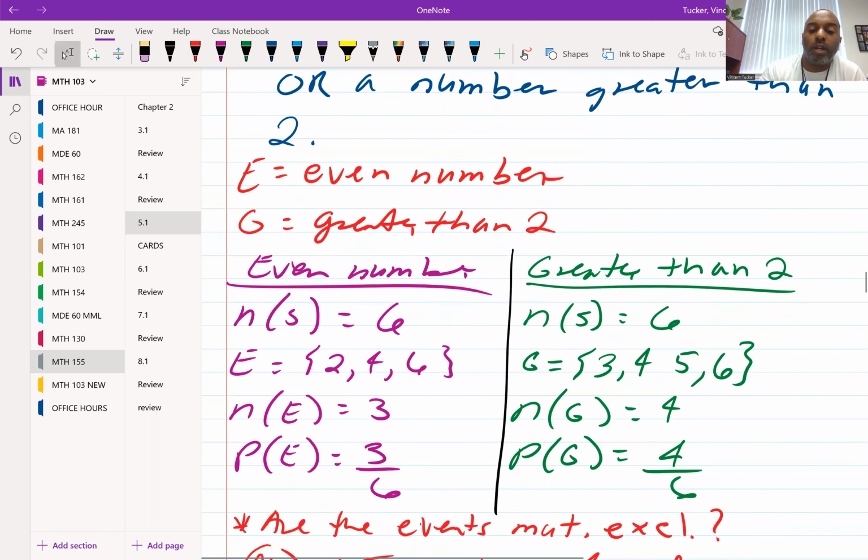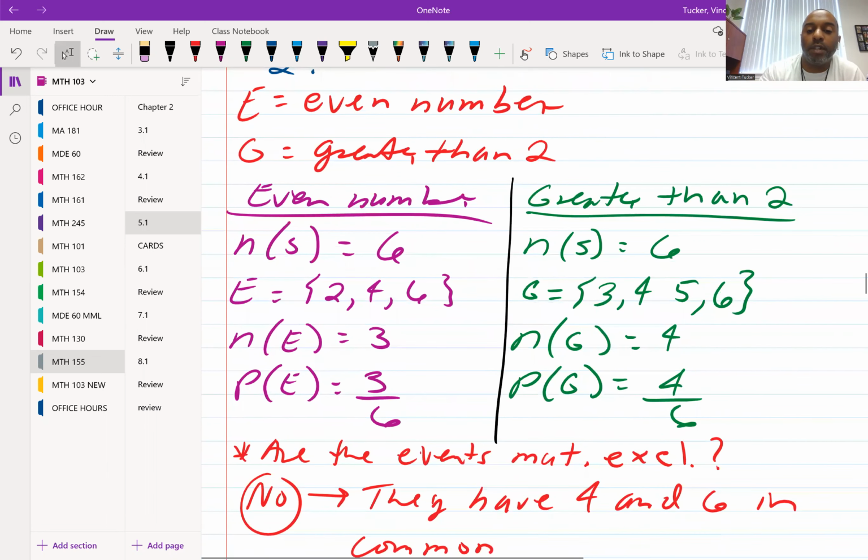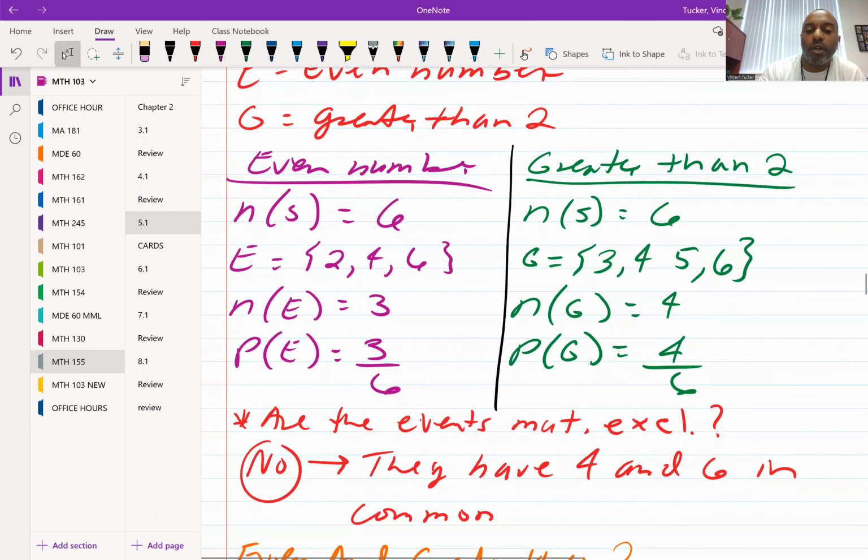All right. So now you ask yourself, are these events mutually exclusive? No, because they have 4 and 6 in common. If they were mutually exclusive, they would not have any outcomes in common.